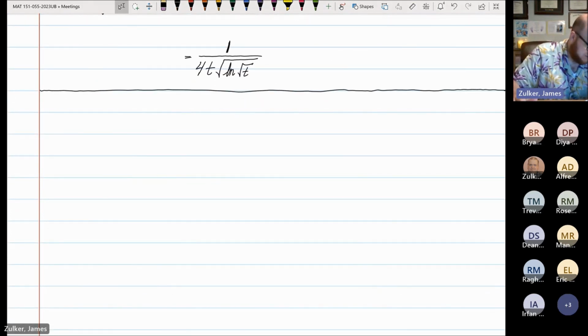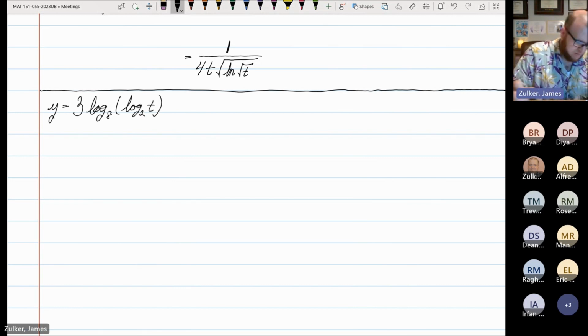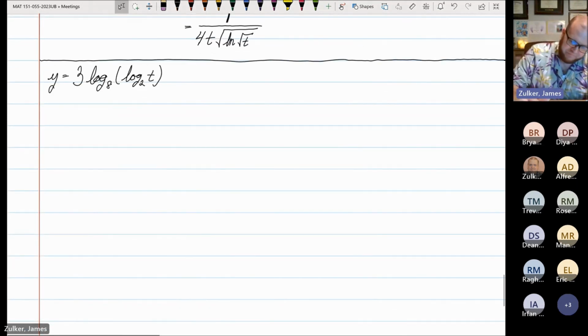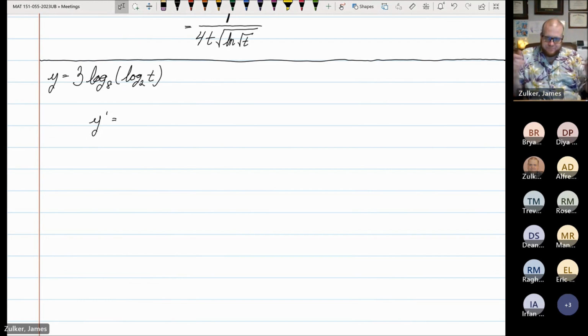Look at this one. Okay. Right? We take a look at this problem and we go, big picture, what's the function?